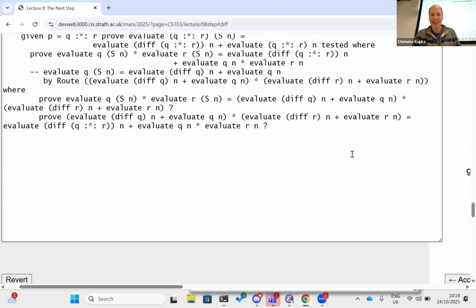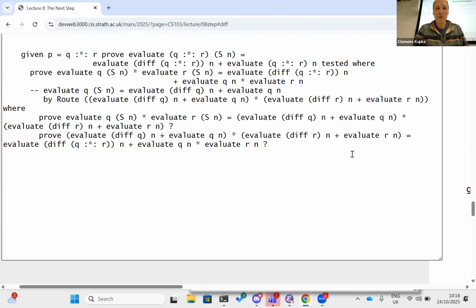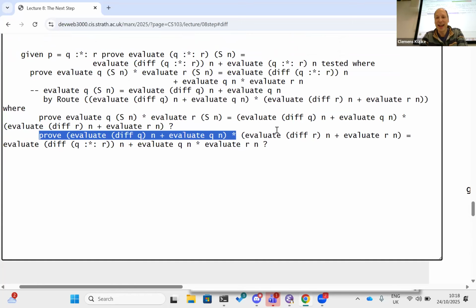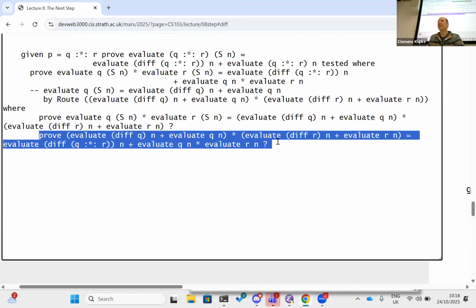Good. So now what we got via this route is two new things that we have to prove, as is usually the case. Ideally, the route should only give you one in many cases, because the route is chosen in such a way that one of them is trivial.